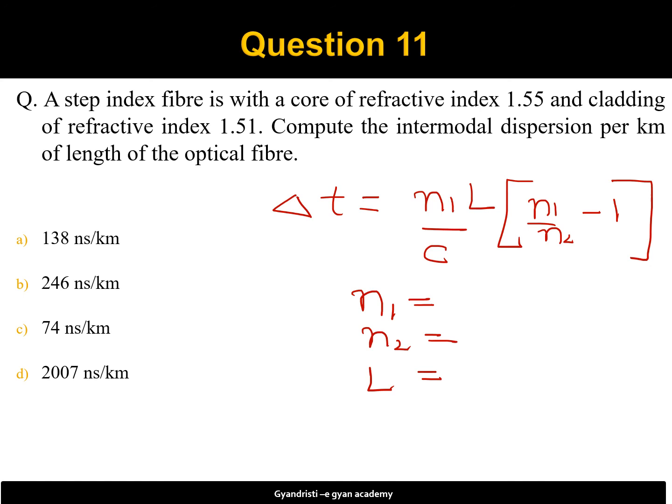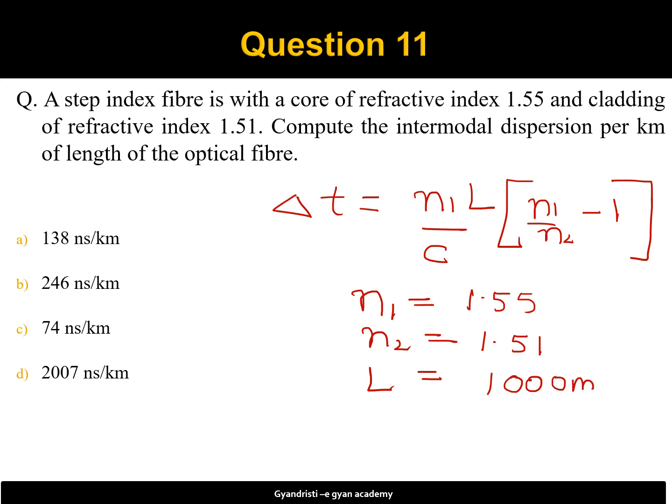So in this problem, it is given that N1 is equal to 1.55, N2 is equal to 1.51, and L is equal to 1 kilometer, that is 1000 meter.